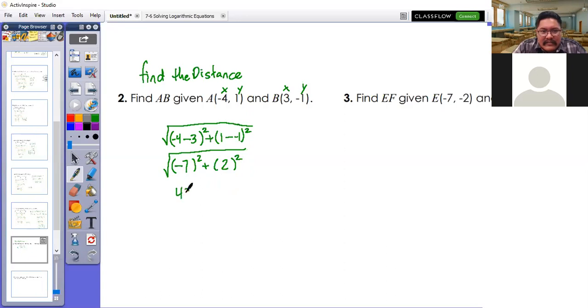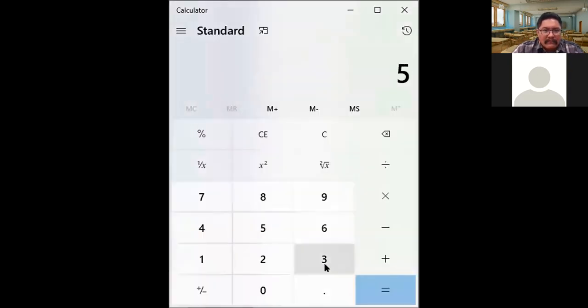-7 squared is 49, plus, and then 2 squared, you have 4. 49 plus 4, that's going to be 53. Now I'm going to go ahead and use my calculator on this one here, and I'm going to find out what the square root of 53 is. 53 and then square root, which is this button right here.